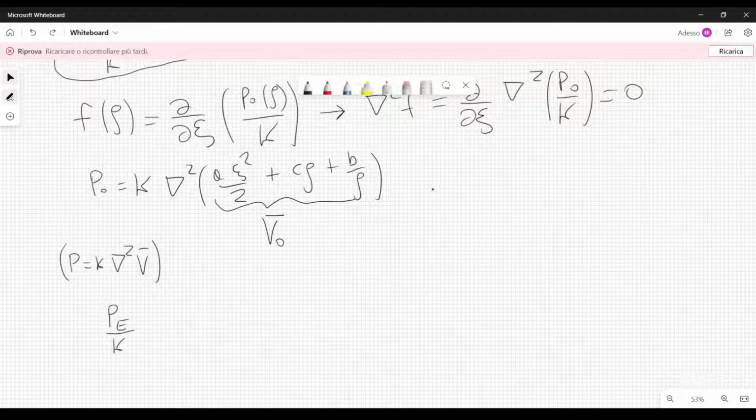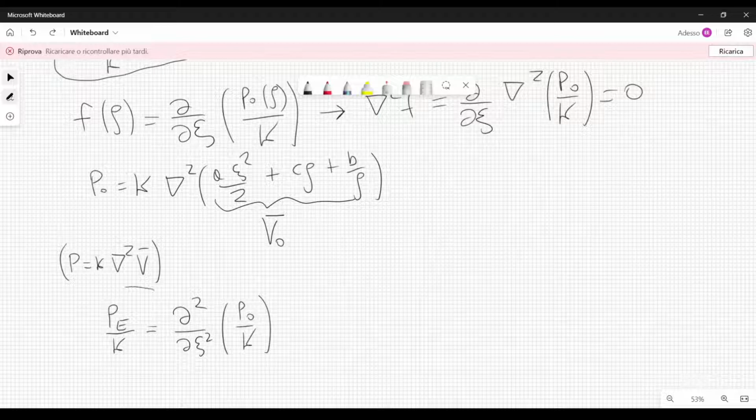And this article was referenced in Einstein's paper. But anyway, let's define PE over K as the second derivative with respect to xi squared of P0 over K. So this is the second derivative, not just the first derivative as in this case, but Einstein chooses the second derivative.